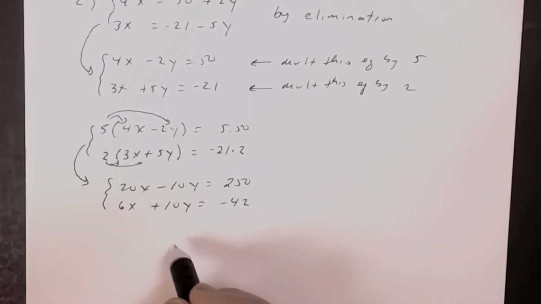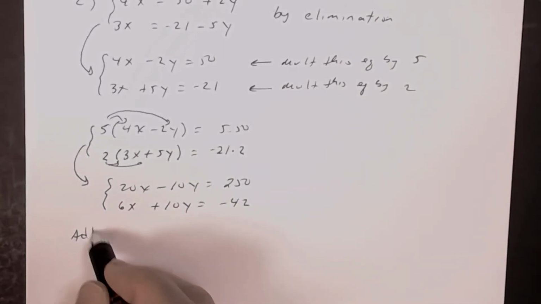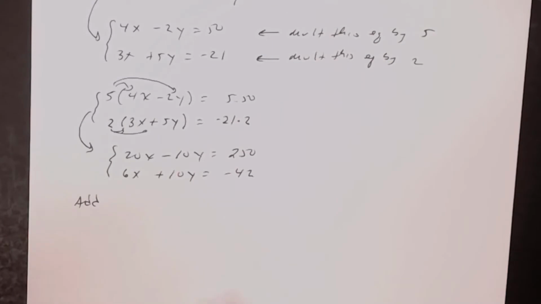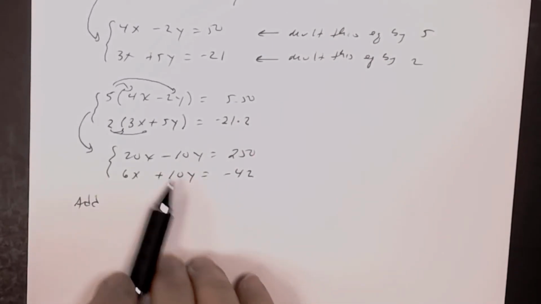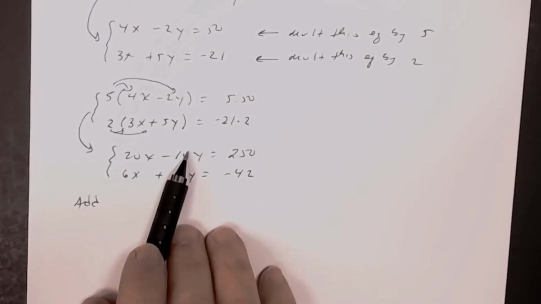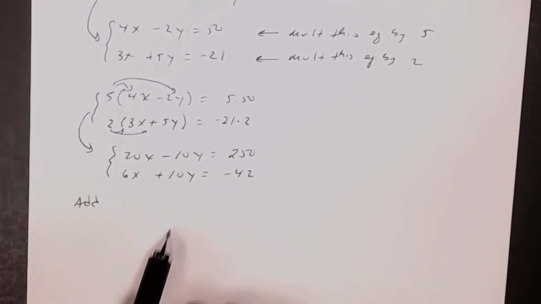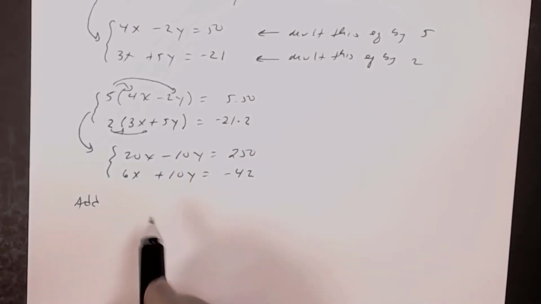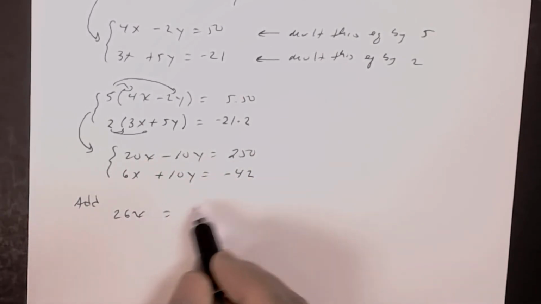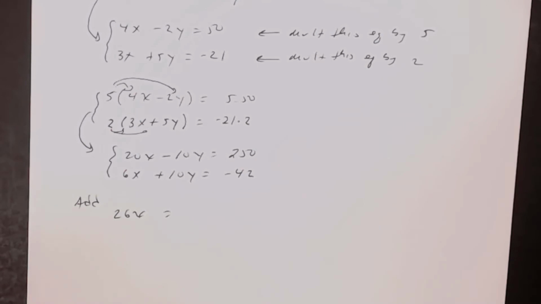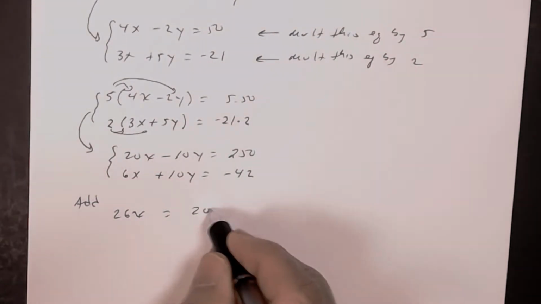Okay? All right, now the next step is to add. We're going to add those now because the coefficients of y are opposites. So when I add these two equations, the variable y cancels out. I get 26x, this is 0, equal, and then 250 minus 42 becomes 208.